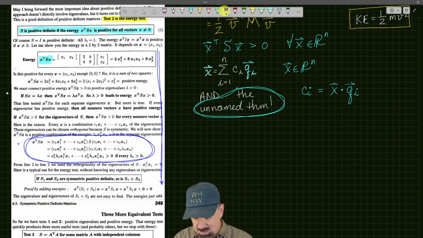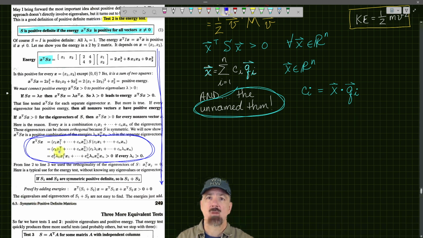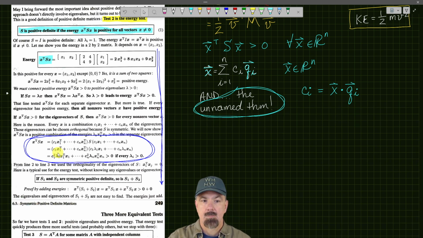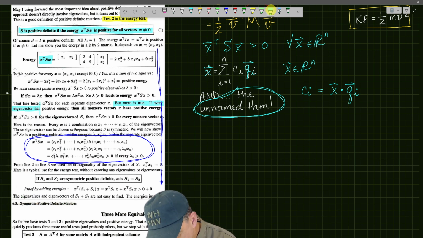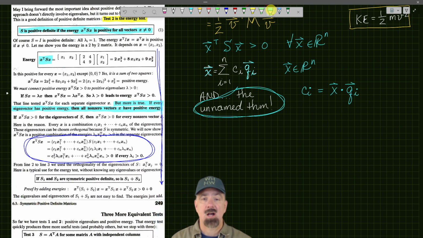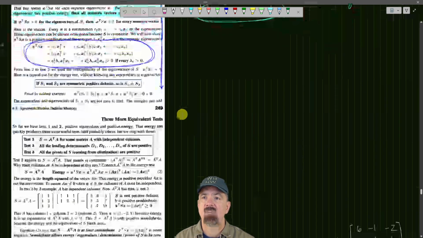And this is why it's such a clean test and such an easy way for us to check to see if something is positive definite. So let me just highlight where he says that. But more is true. If every eigenvector has positive energy, then all non-zero vectors have positive energy because we can represent them as a linear combination of the eigenvectors.